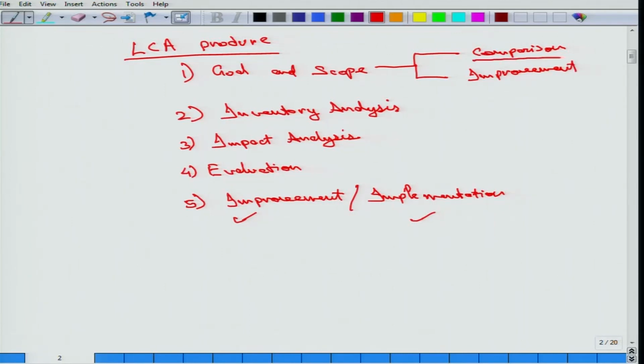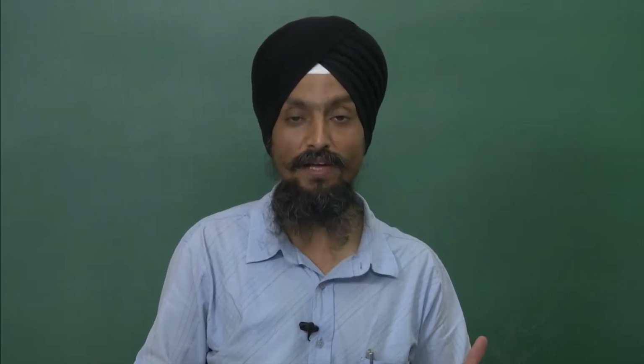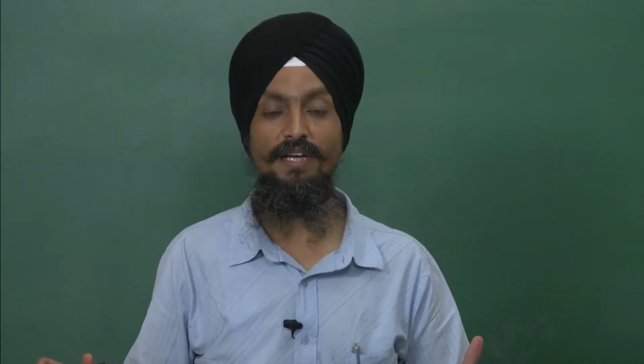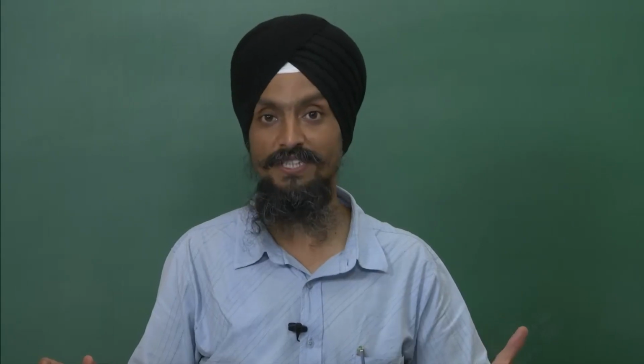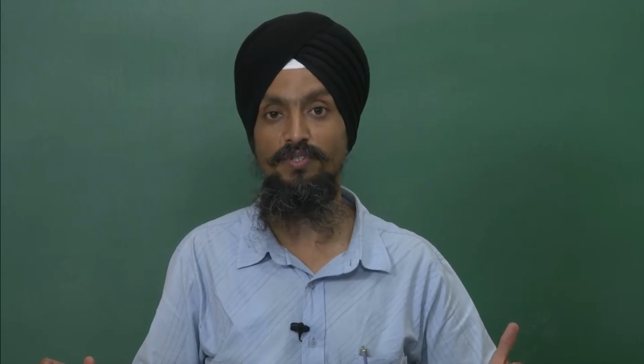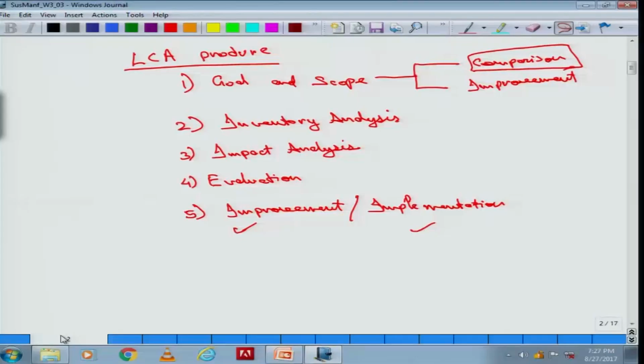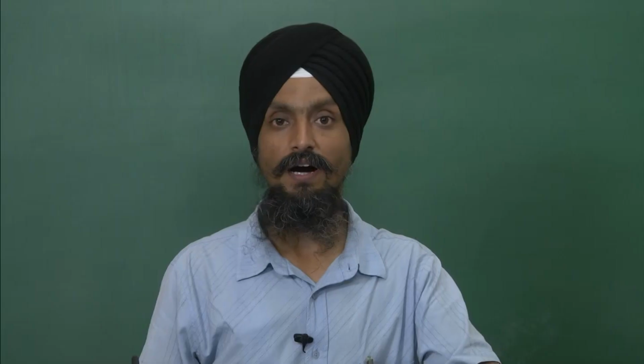So, even during comparison as well, if we compare a few products, for example, if we compare one kind of bike with another kind of motorbike, we can select the bike that is eco-efficient. Life cycle assessment can also be used in that case as well. So, in that case, this implementation would be selecting that bike, right. To understand this procedure in more detail, I will try to explain this with a few examples.